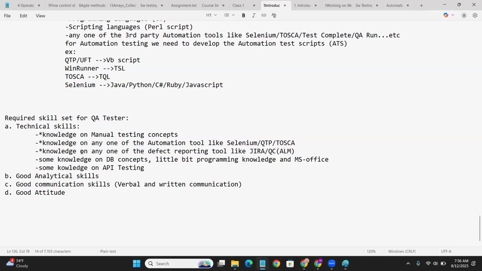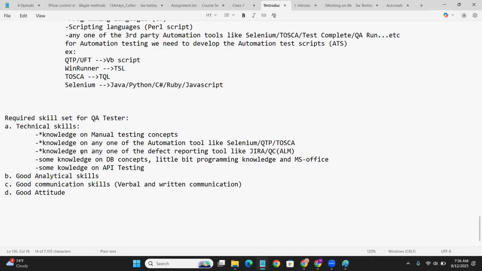Apart from that, if you have a little bit of programming knowledge, MS Office, database concepts, API testing concepts, it is an advantage, not mandatory. Having those things will give more weightage to your resume.